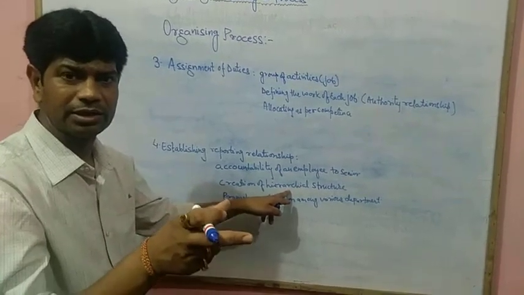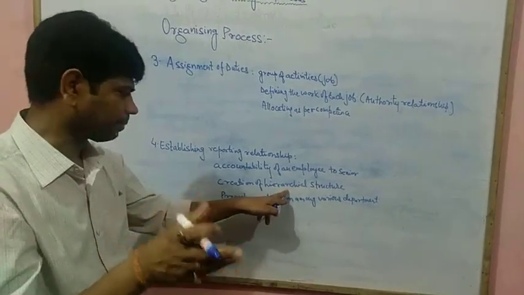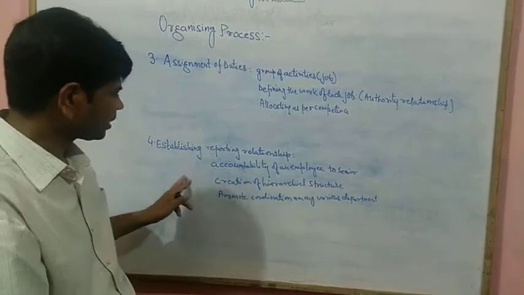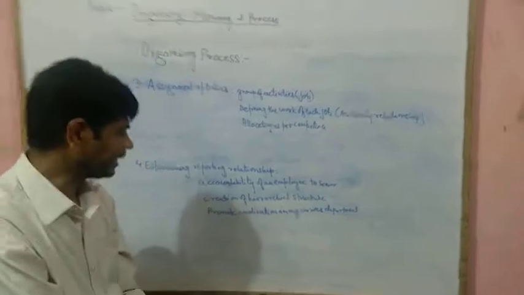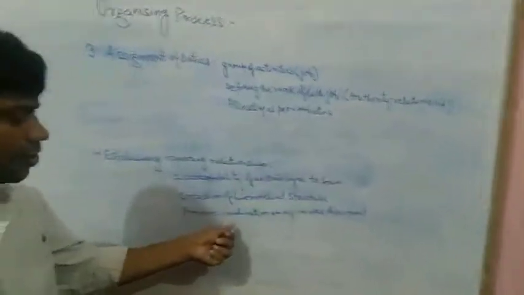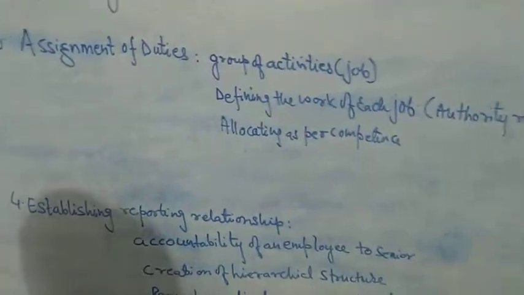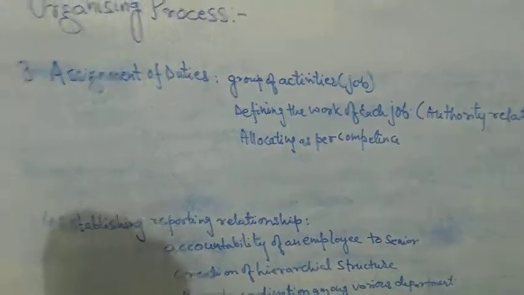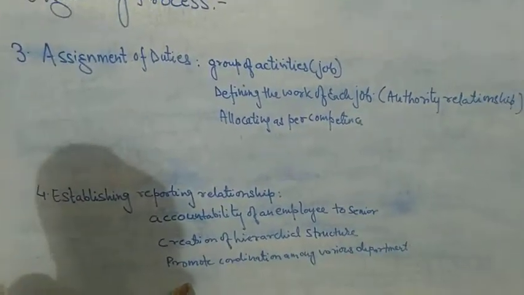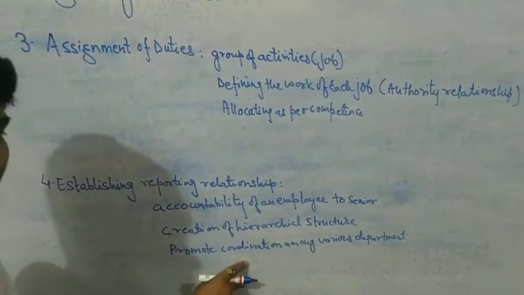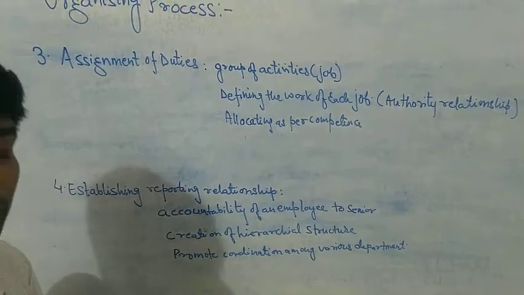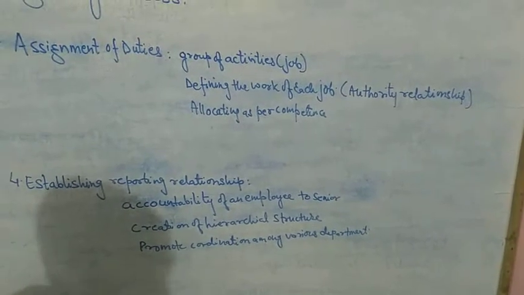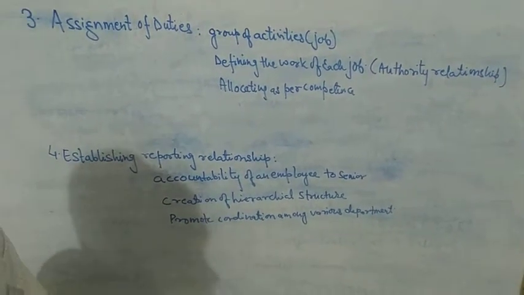authority and responsibility relationship. Now this reporting relationship does result in promoting coordination among the various departments. So what happens? Each department coordinates with others towards the achievement of the organizational goal.